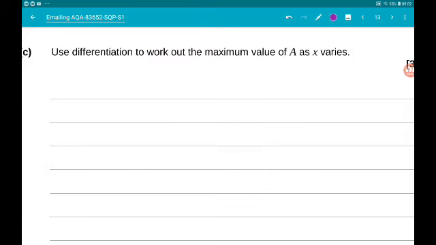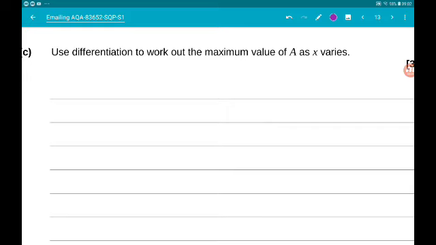Okay, part C wants us to use differentiation to work out the maximum value of A as x varies. So, a maximum is a type of stationary point. At stationary points, the gradient of a curve is equal to 0.